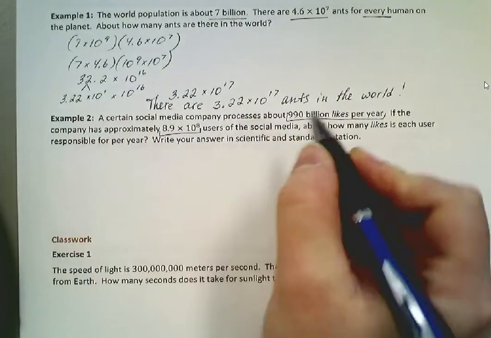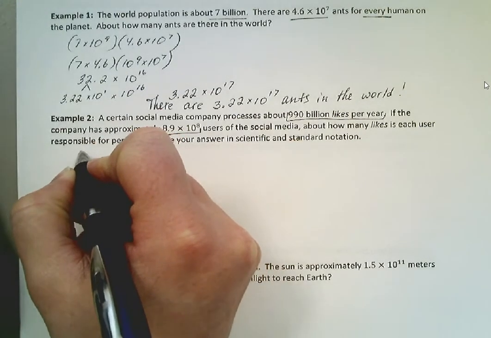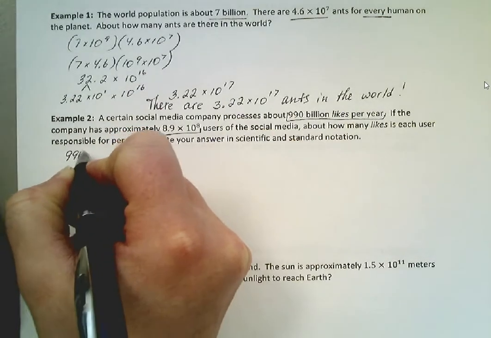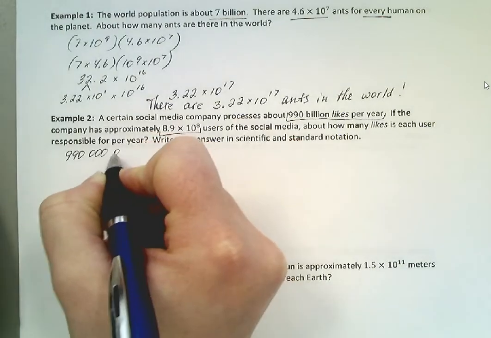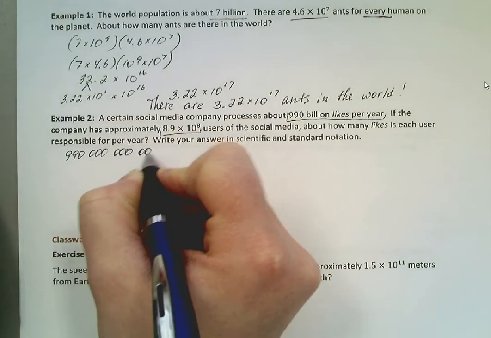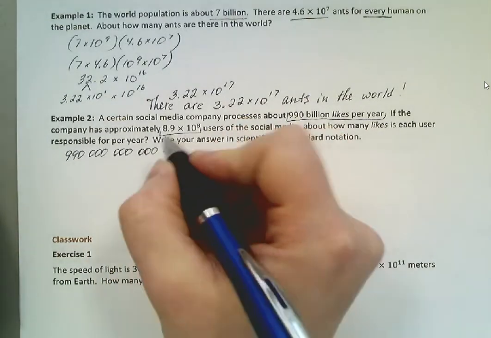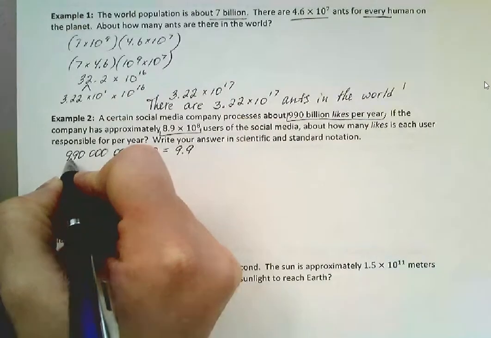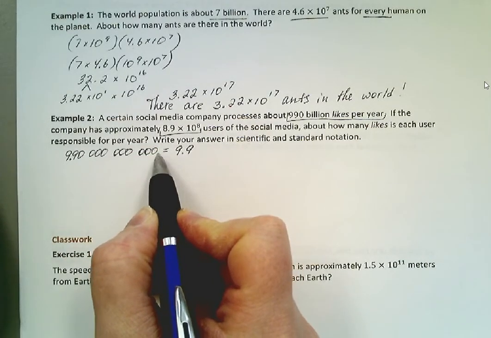So we are going to change 990 billion into, I'm going to write it in standard form first. 990, and then billion is going to be 9 zeros. I'm going to change this number into scientific notation. 9.9, and from here I see how many digits I need to move my decimal, and that is 11 digits.